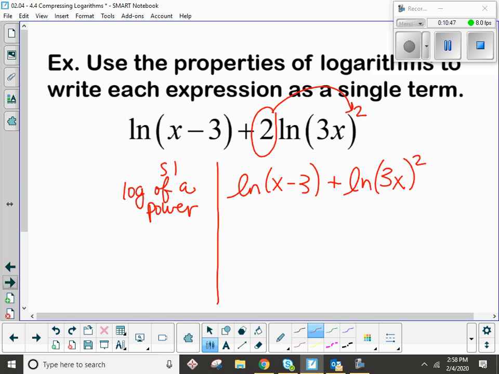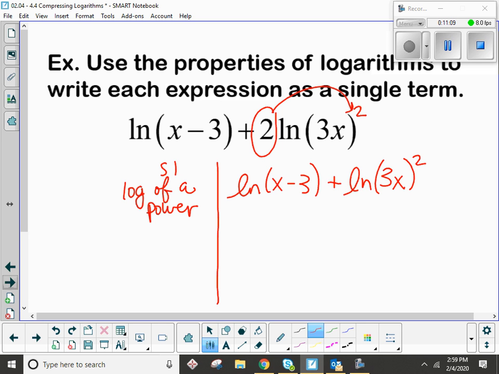And the reason we want to do that is so that we can use log of a product next. Because if you look at your log of a product formula, there's no coefficients in front of the log. So we have to get that coefficient out of the way. It's in the way.